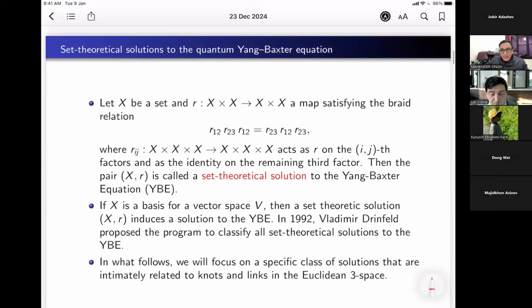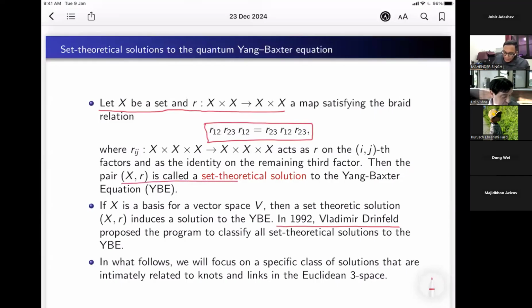In order to classify all solutions to the quantum Yang-Baxter equation, Drinfeld proposed in 1992 that we classify only set theoretical solutions. So what is that? Suppose you have a set X and a set map R from X times X to X times X which satisfies the braid relation. Then the pair (X, R) is called a set theoretical solution to the Yang-Baxter equation.